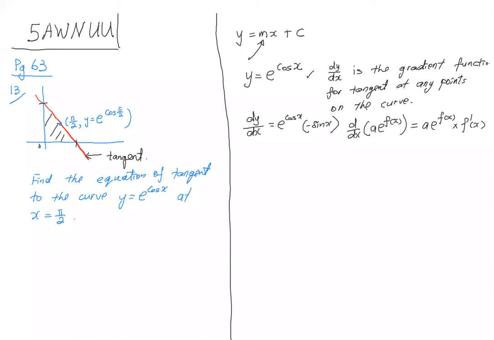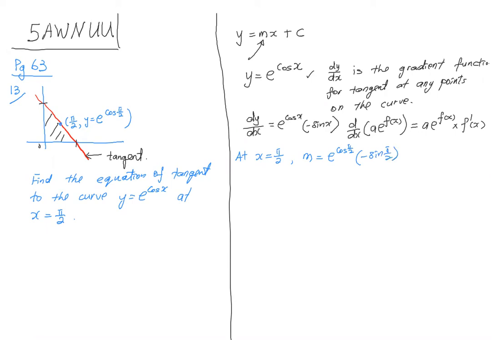So now our job is to find the gradient. So at x equal to pi by 2, the gradient will be equal to e to the power of cos pi by 2 times negative sin pi by 2.